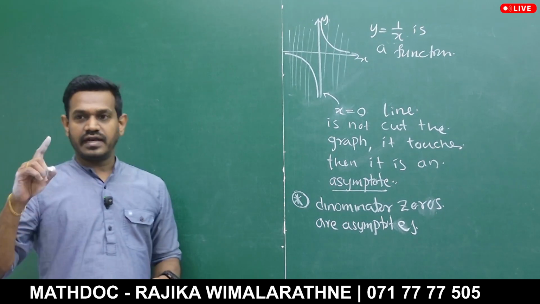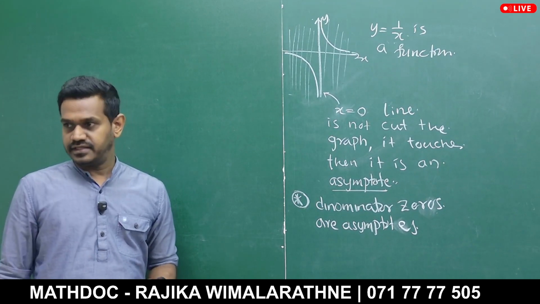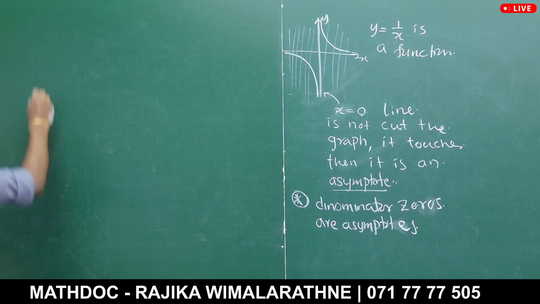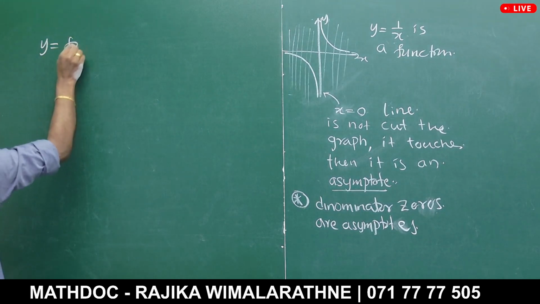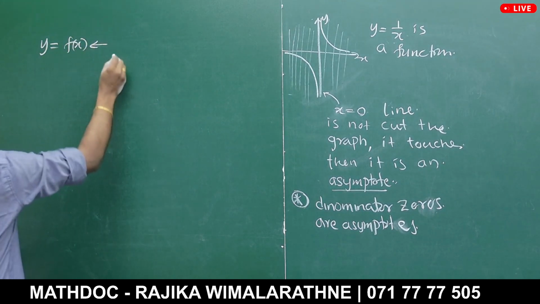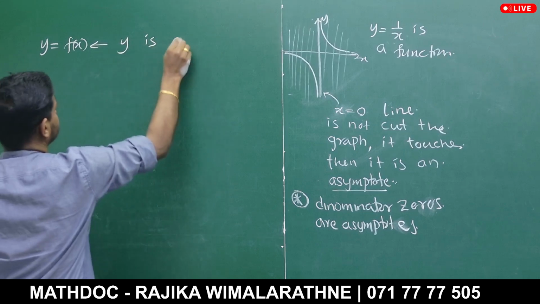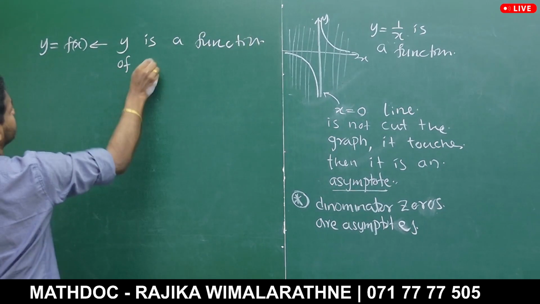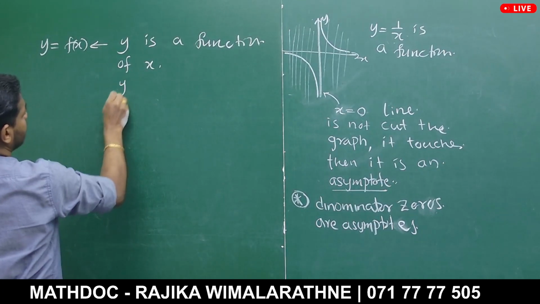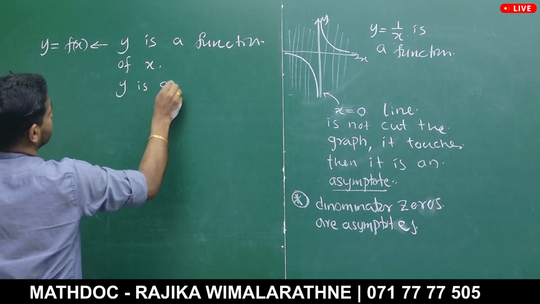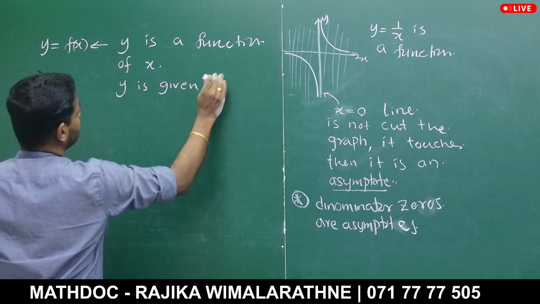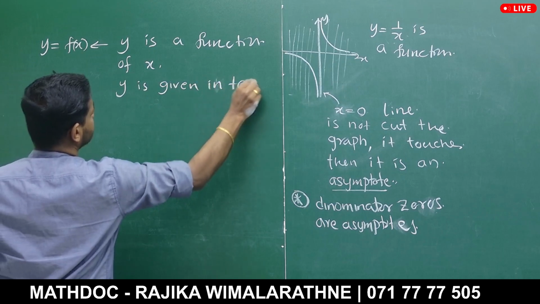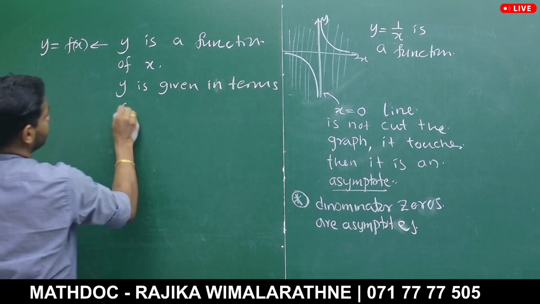Now we have one algebraic way to find it. I gave you y equals f(x) now. We call y a function of x. Y is given in terms of x.